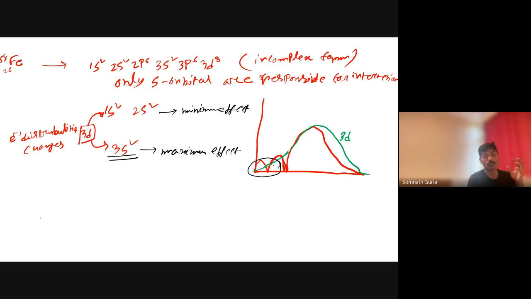If there is a huge electron density in the d orbital, that will attract and interact with the nucleus more, and in that case the s orbital's interaction will be less.